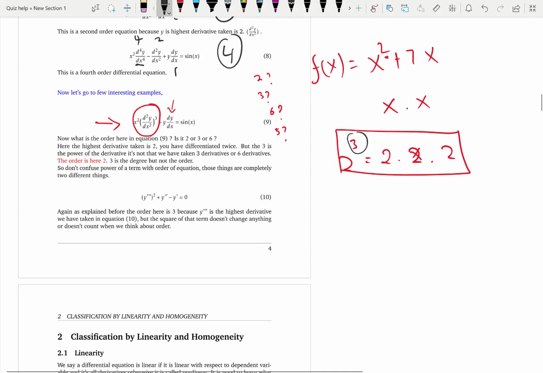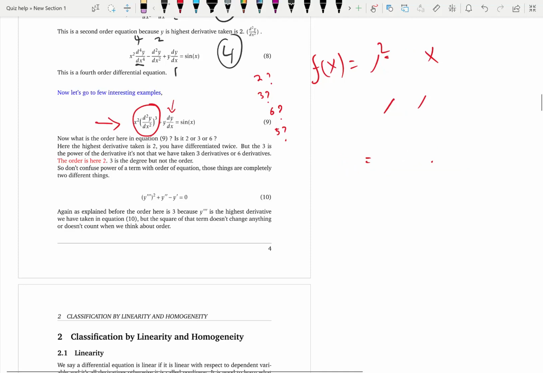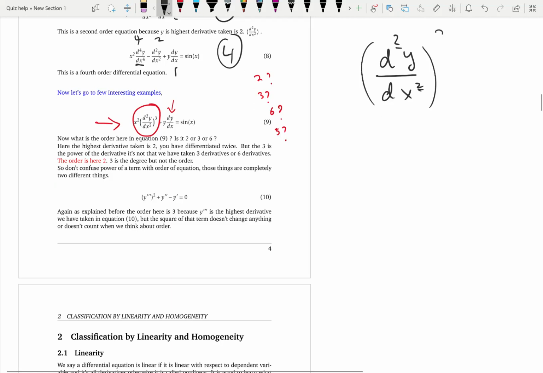But here, when you talk about derivatives, when you use the Leibniz notation, for example, d squared y over dx squared, this is actually not the power. It's telling you that you have differentiated y with respect to x 2 times. Okay, it's not a power. But now when you put 3 like this, now this is a power.